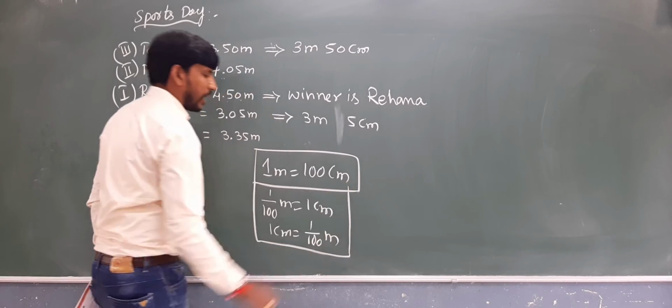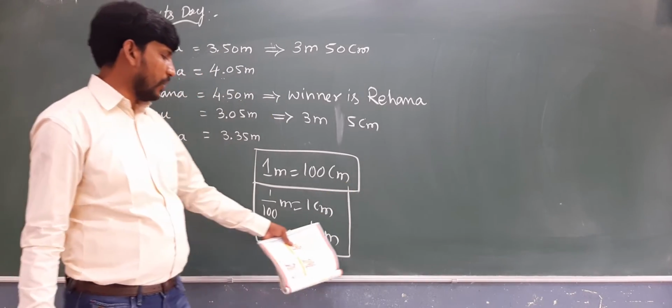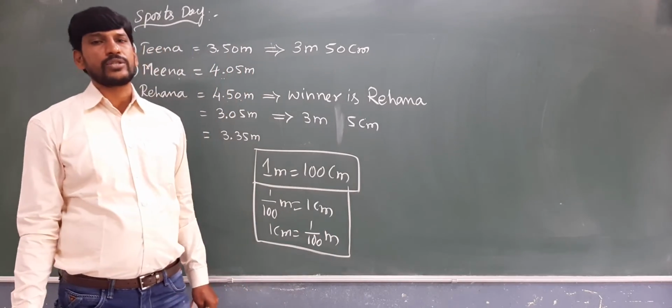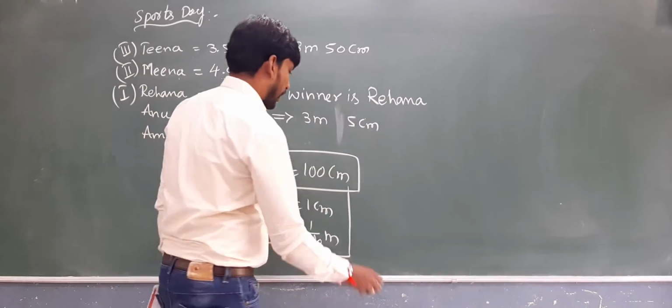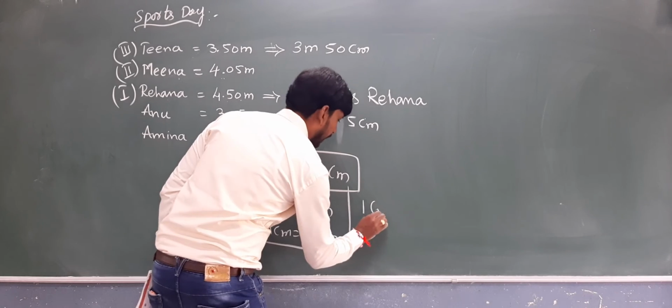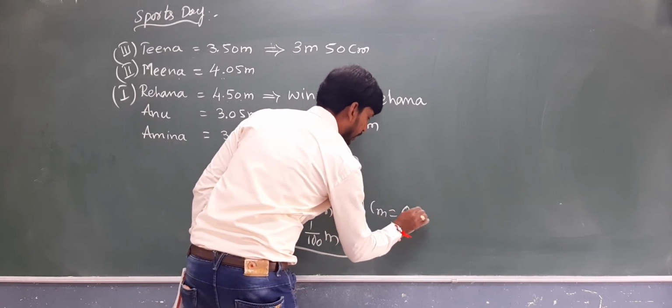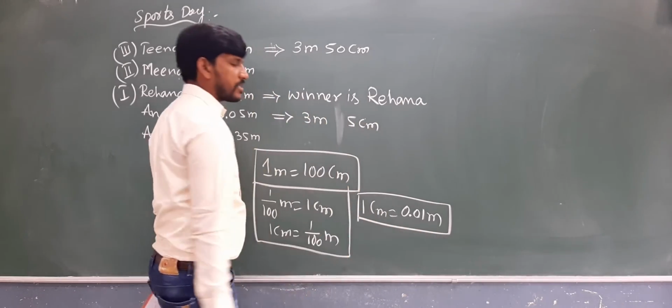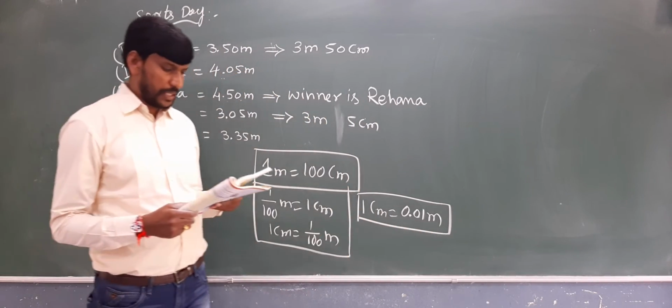Please write this down in your notebook. This can be written in decimal as 0.01 meters. Even you can write 1 centimeter equals 0.01 meter. Okay, 1 by 100 can be written as 0.01 meters.